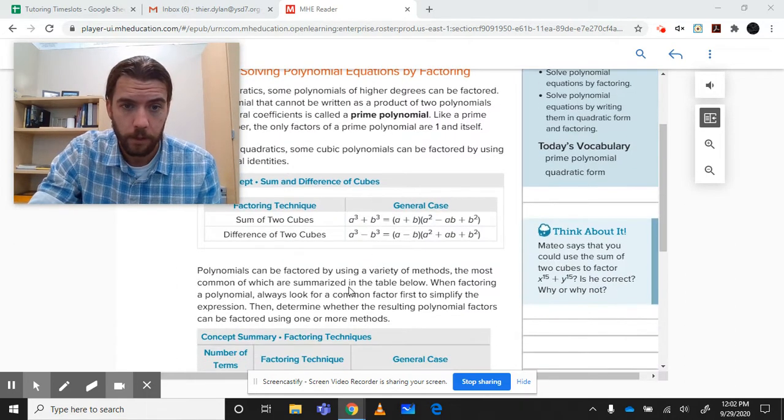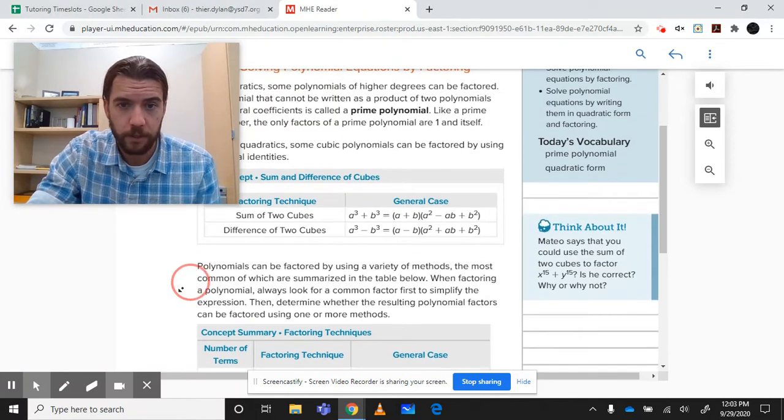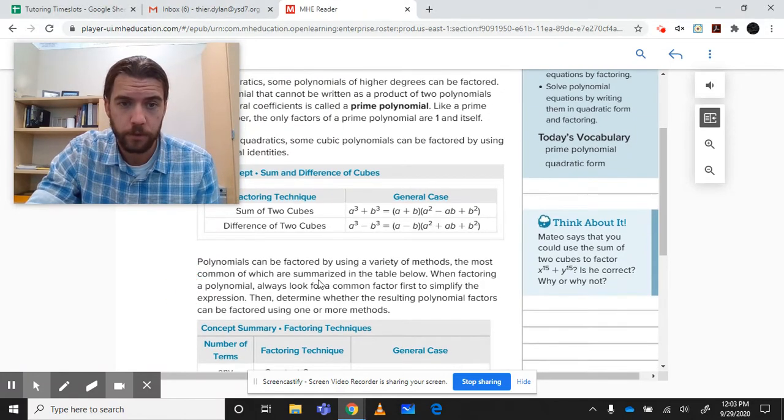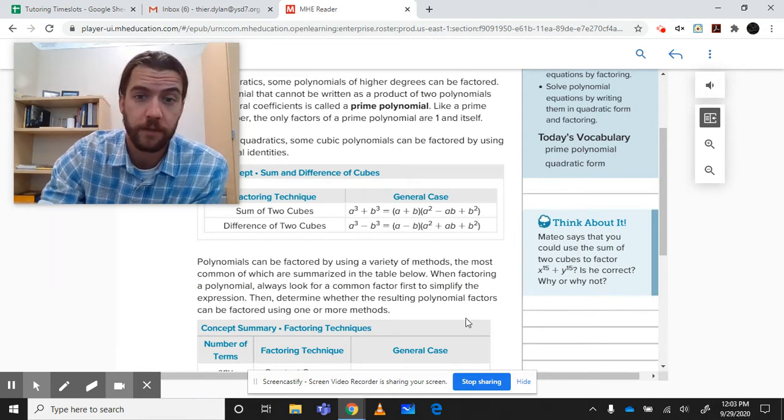Polynomials can be factored by using a variety of methods, the most common of which are summarized in the table below. When factoring a polynomial, always look for a common factor first to simplify the expression. Then determine whether the resulting polynomial factors can be factored using one or more methods.